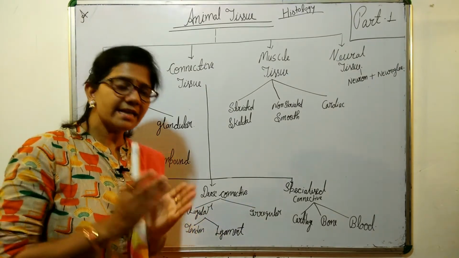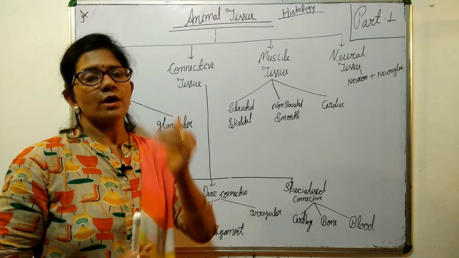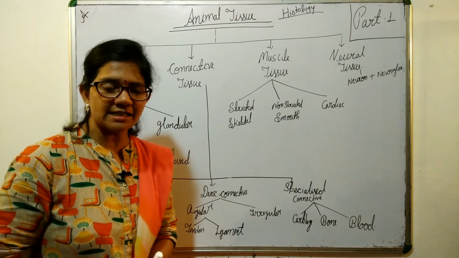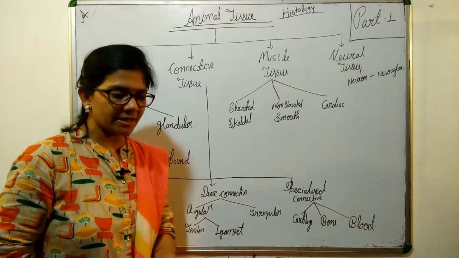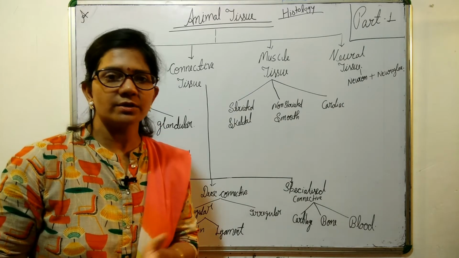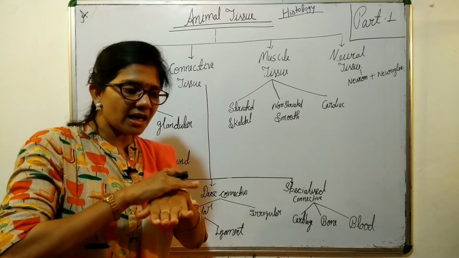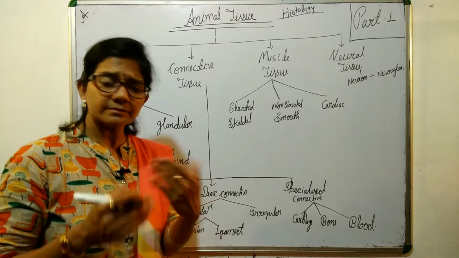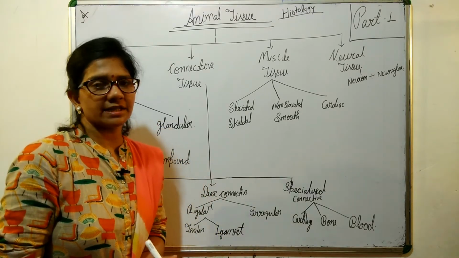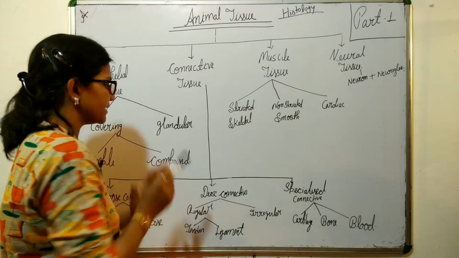Glandular means these epithelial tissues may function as glands which secrete chemicals, either endocrine or exocrine. Covering means they cover the body parts, either internal or external. They are of two types: simple and compound.